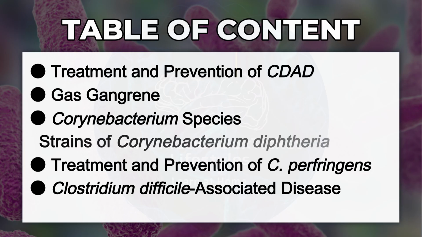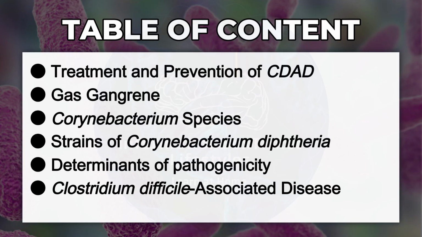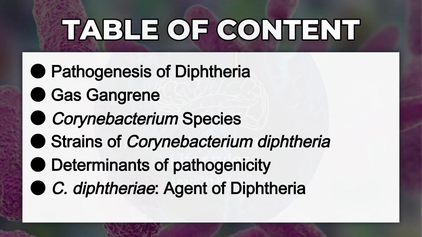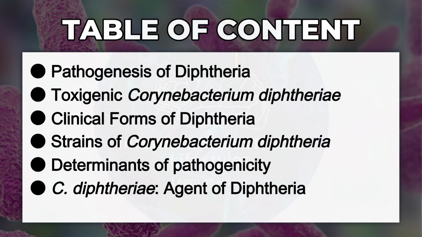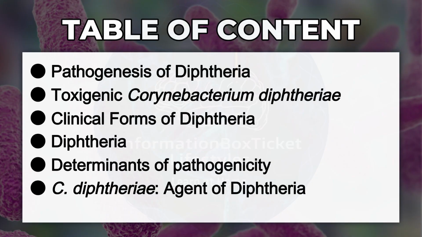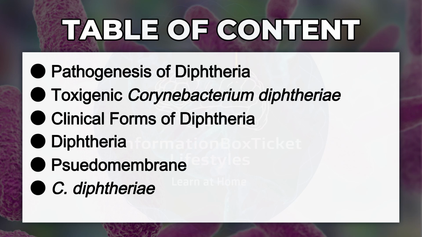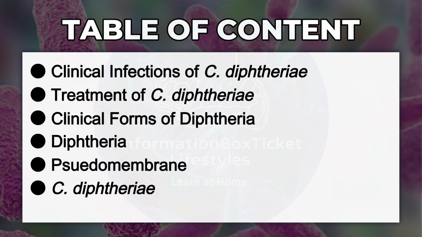Corynebacterium species. Strains of Corynebacterium diphtheriae. Determinants of pathogenicity. Corynebacterium diphtheriae. Agent of diphtheria. Pathogenesis of diphtheria. Toxigenic Corynebacterium diphtheriae. Clinical forms of diphtheria. Diphtheria. Pseudomembrane. Clinical infections of Corynebacterium diphtheriae. Treatment of Corynebacterium diphtheriae.